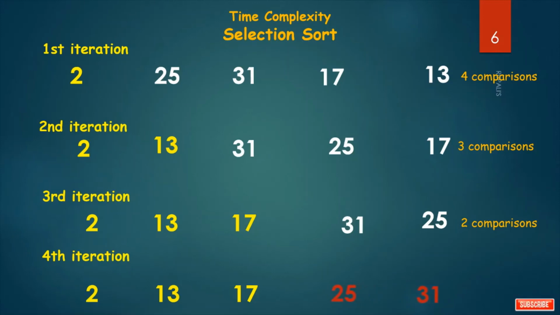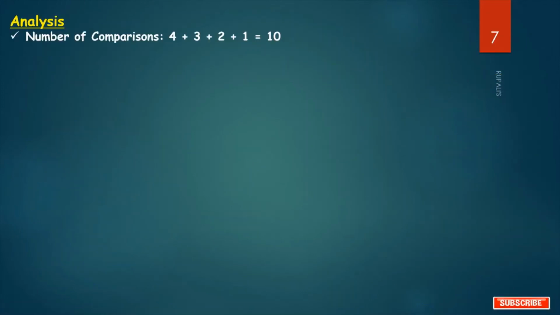So the total number of comparisons is only 1. So for the first iteration 4 comparisons, second 3, third 2, and fourth 1 comparison. The total number of elements is 5. In our case, with 5 elements, the comparisons are 4 plus 3 plus 2 plus 1.